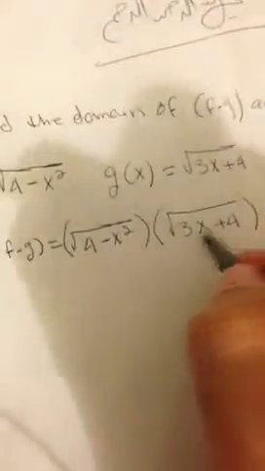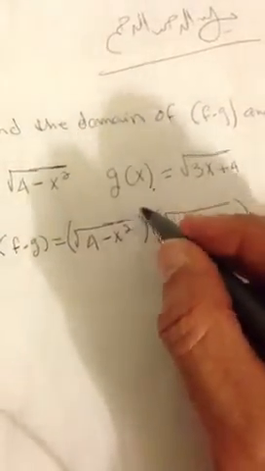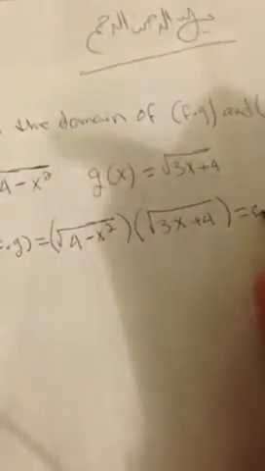So when we see a problem like this and multiply, we have to set each factor equal to 0 because it's already set up right there.